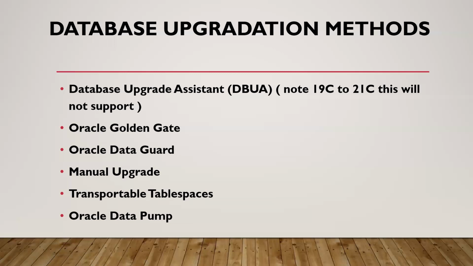Those things we can do manually, or the pre-upgrade steps that you can execute. The pre-upgrade fixup will help on those parts. But the DBUA utility will help you with post-upgrade related steps, time zone or some other parameters. Those we need not do; those will be taken care of by DBUA. That's the point.